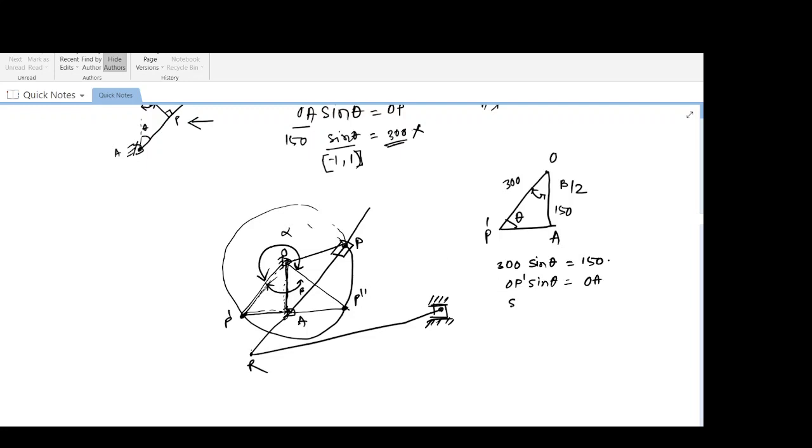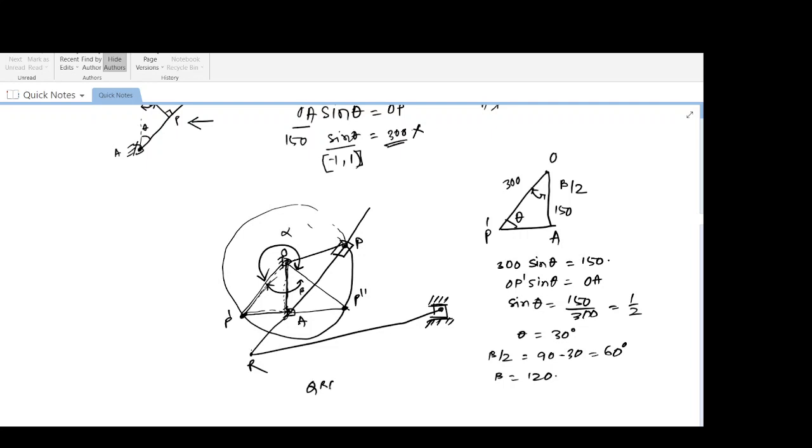Now if we find out theta, that is 150 by 300, that is 1 by 2, hence theta is equal to 30 degrees. Now what will be beta by 2? It will be 90 minus 30, that is 60 degrees, hence beta is equal to 120 degrees.